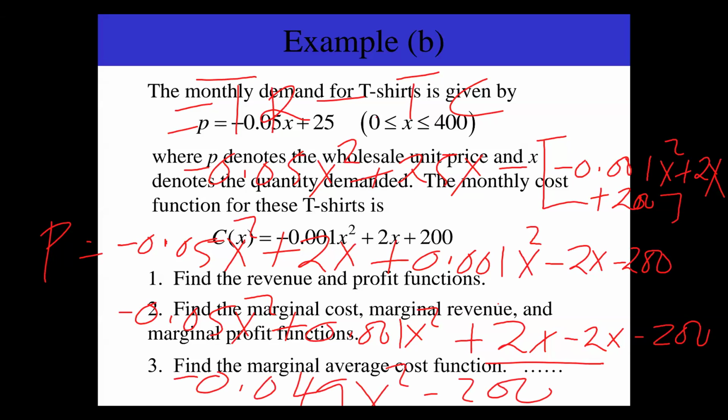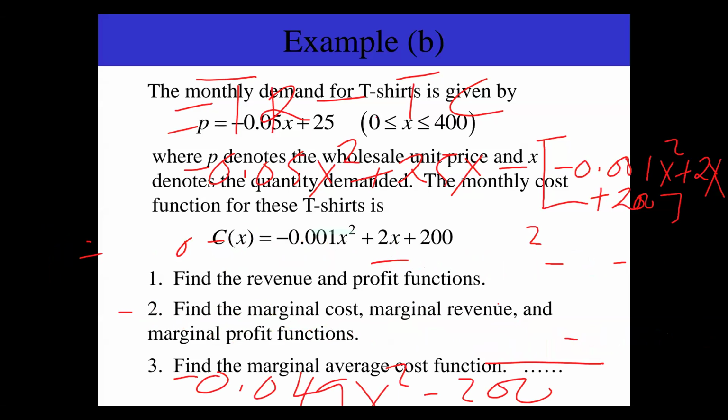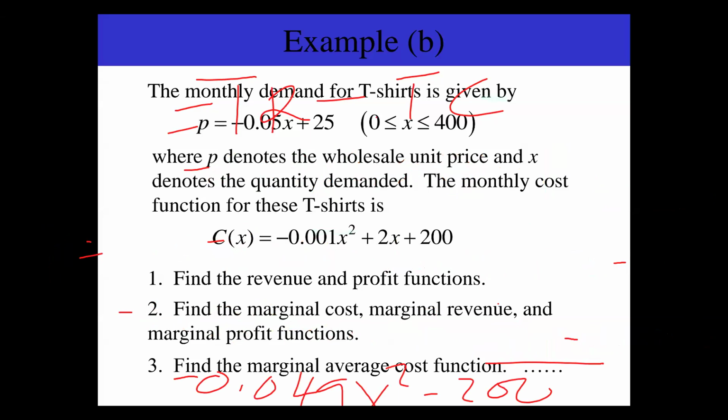And then the second question was asking us to find what? Find the marginal cost, marginal revenue, and marginal profit function. I think we can start with marginal profit since we have the profit function before you erase it. You differentiate this function.